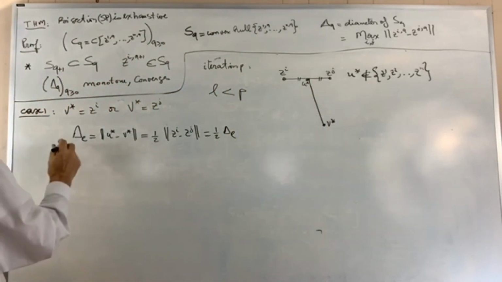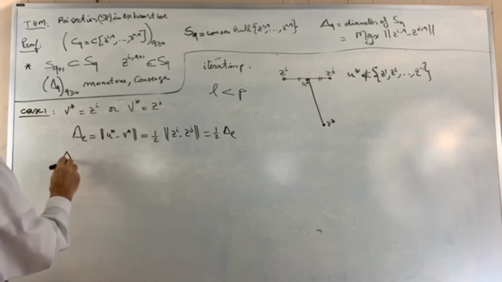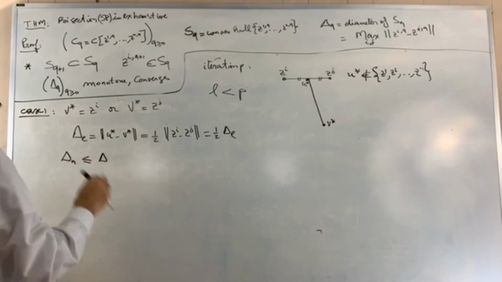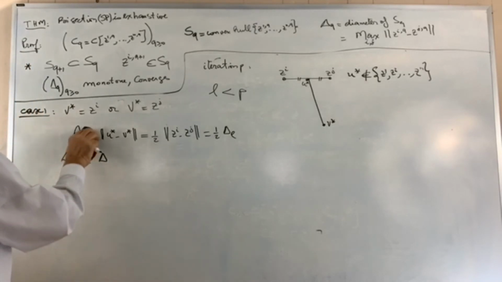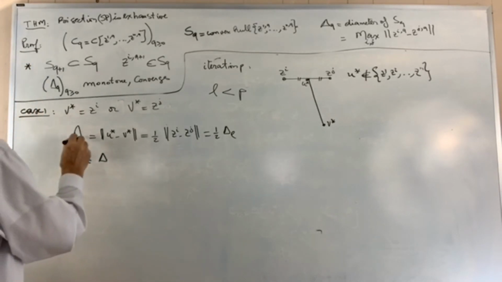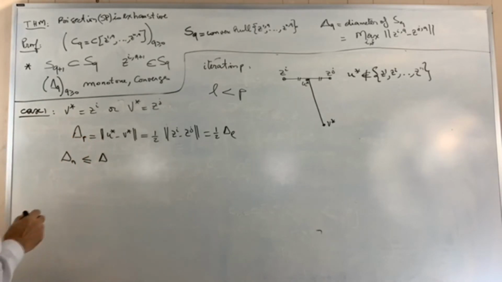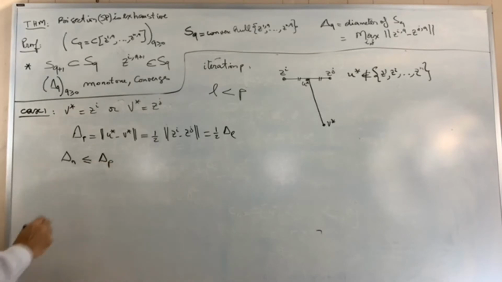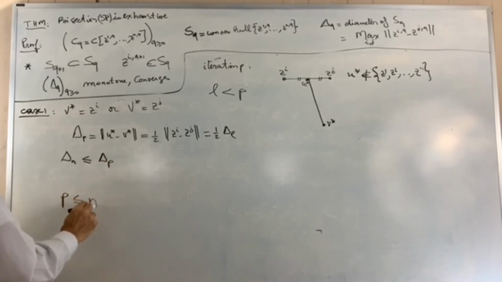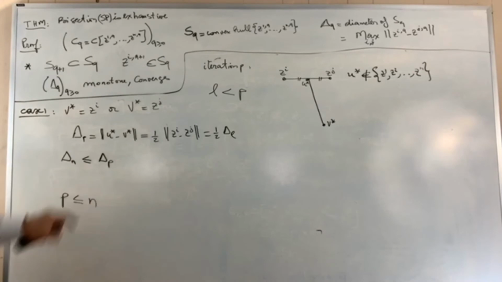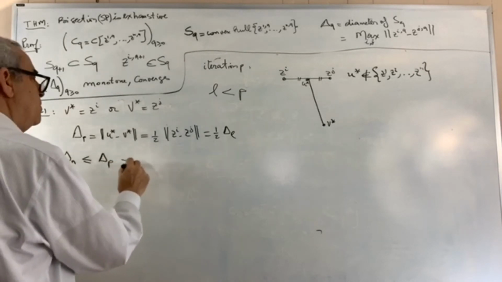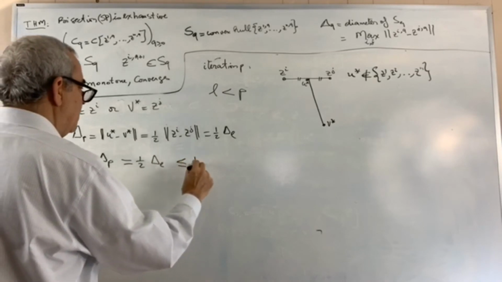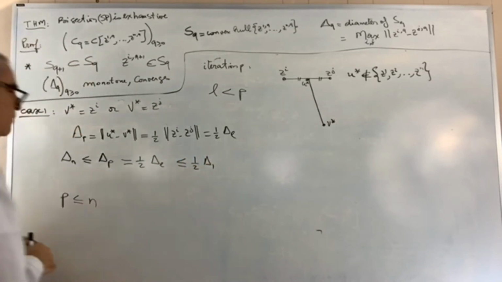So therefore, here we have delta N less or equal to delta P, this is delta P, right? Because remember P is less or equal to N, right? So delta N is less or equal to delta P, which is equal to half of delta L, which is less or equal to half of delta 1, right?